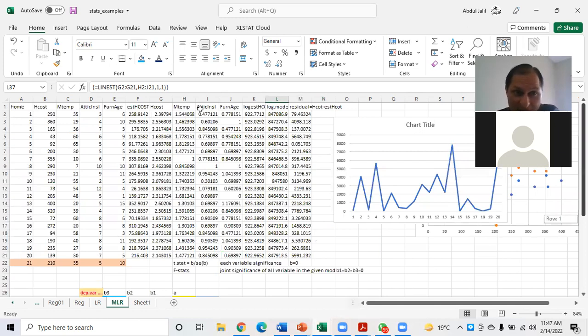Because the heating cost is going to be inversely connected with mean temperature and attic insulation, but directly related to the furnace age, right? So if it is not connected directly or positively, then there would be some problem in either our data set, or we need to recheck what happens with it, right?